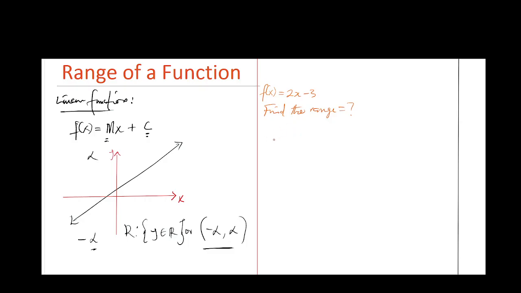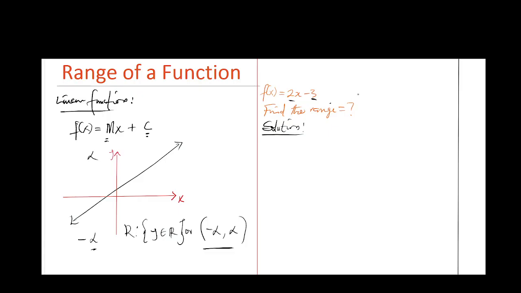Now, how do you find the range? In this question, we see that the slope is 2 and the y-intercept is minus 3. The slope determines the unit difference.